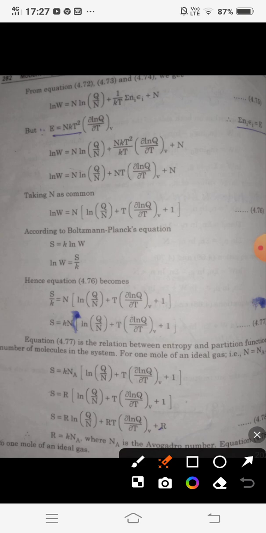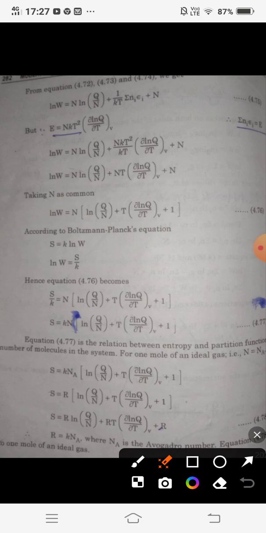And here you know that the Boltzmann-Planck equation is S equal to K natural log W, where S stands for the entropy, and W is the number of ways in which the particles can be arranged. So the natural log W value can be taken out.